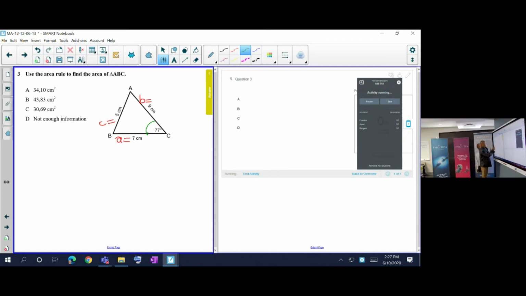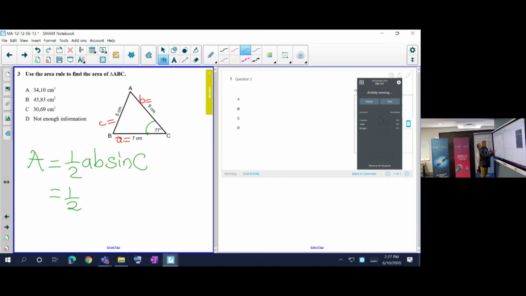This angle C is between a and b, which means our formula is going to be half ab sine C. And we have all this information. We know our small a and our small b.